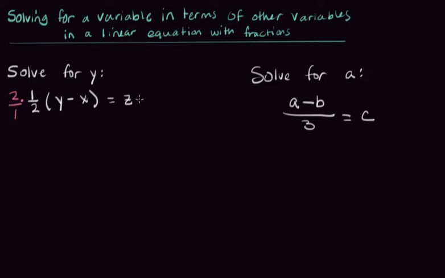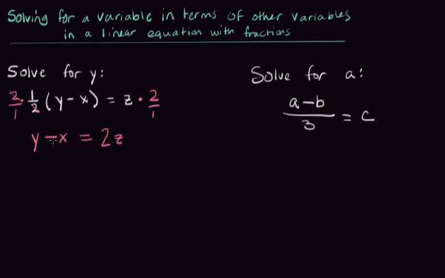So if we multiply both sides by 2/1, then 2/2 is just 1, so we don't need to write it. We'll get y minus x equals z times 2, so that's 2z. And remember, 2/1 is just 2, so we don't need to write the over 1.